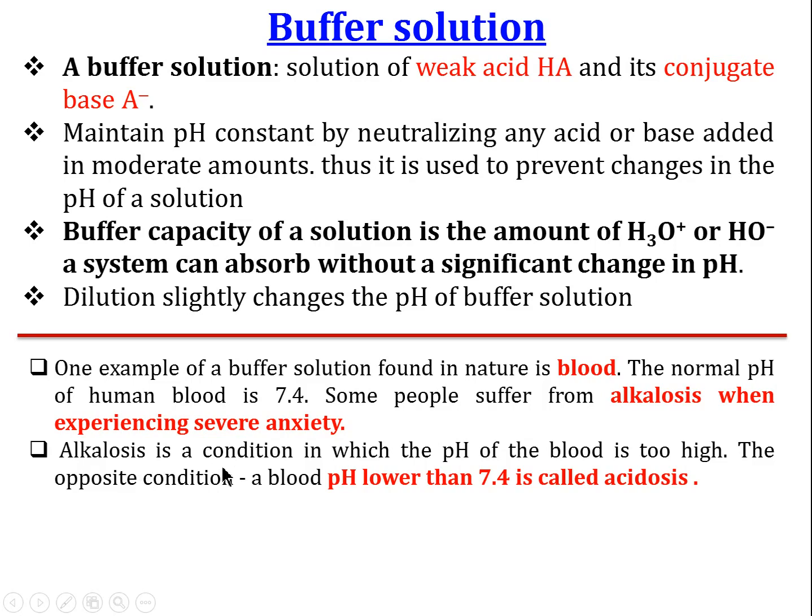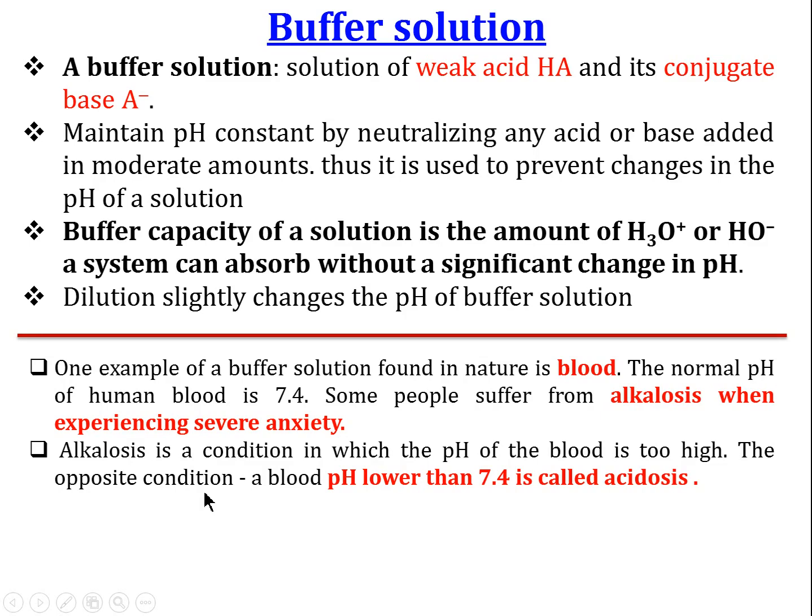Alkalosis is a condition in which the pH of the blood is too high. And the opposite condition, a blood pH lower than 7.4, is called acidosis.